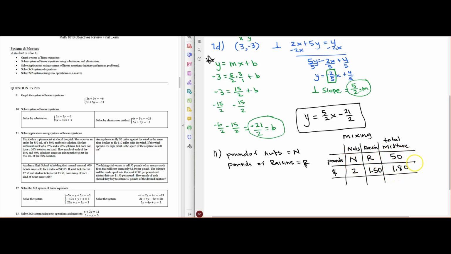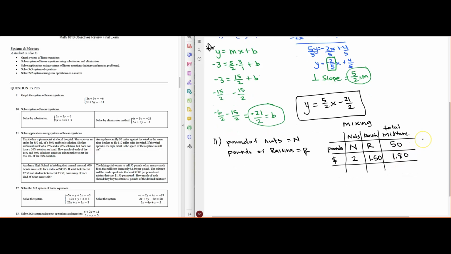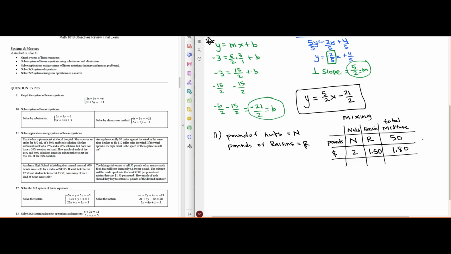So this top one is going to give us our first equation, but then we need to multiply the first and second row together to really get our second equation, right? So $2 times the number of pounds, so we'll have 2n. $1.50 times the pounds of raisins.